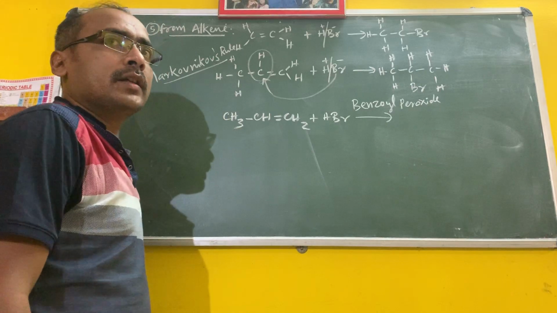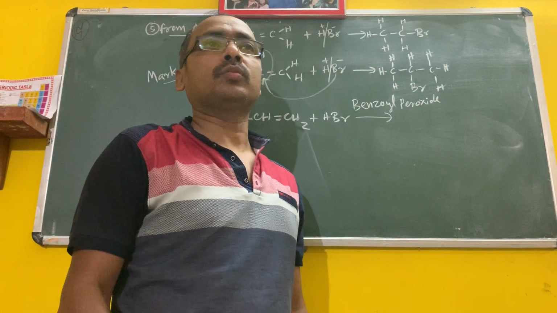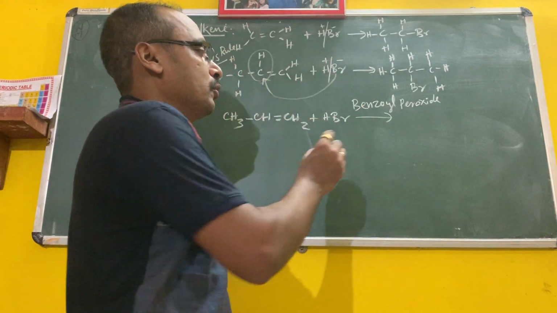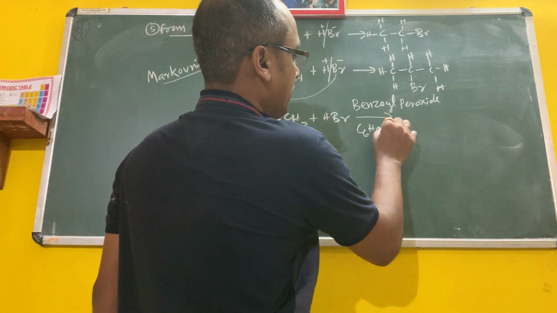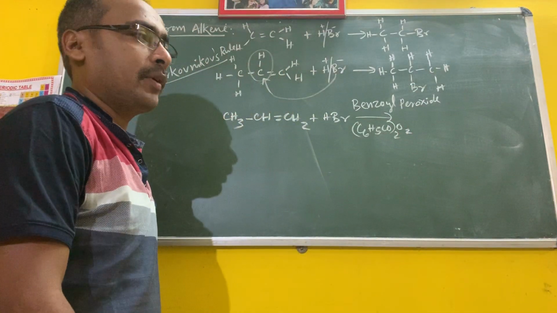You know the formula: (C6H5CO)2O2, benzoyl peroxide.